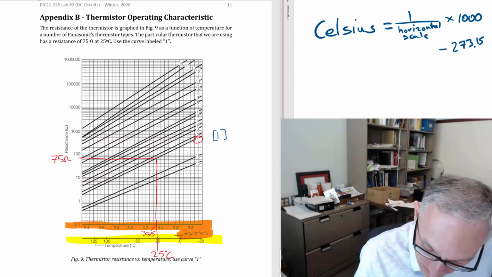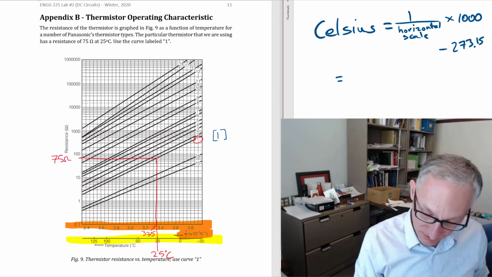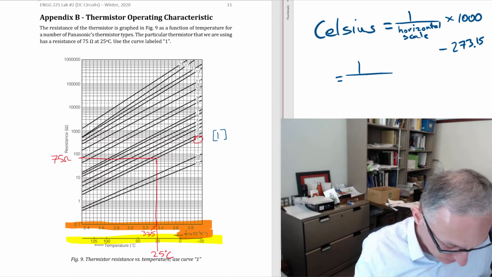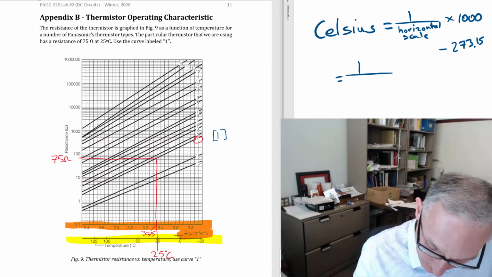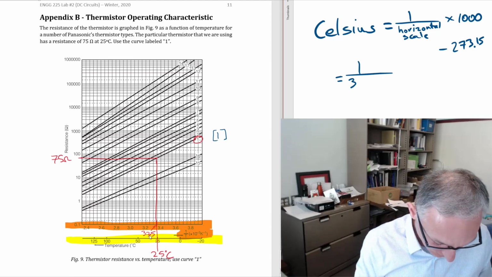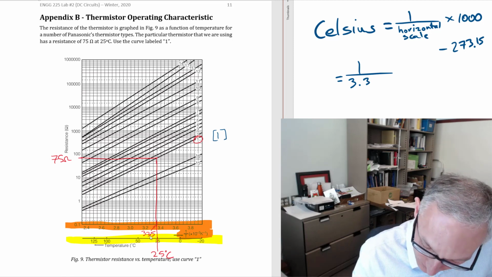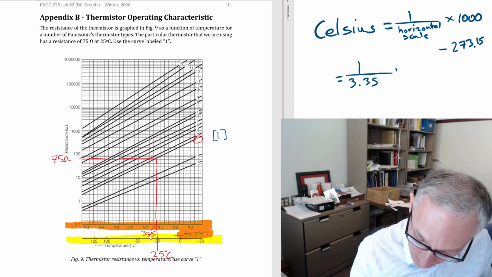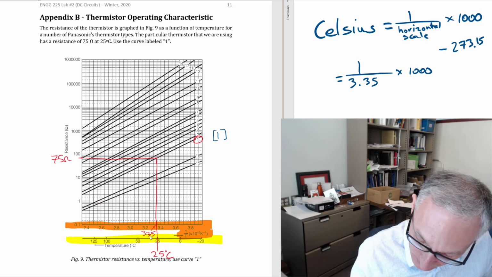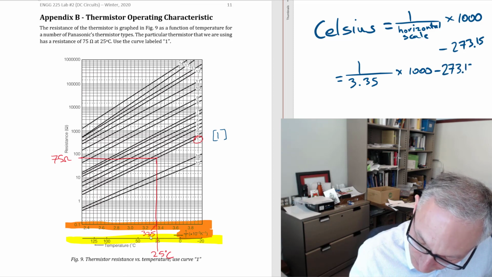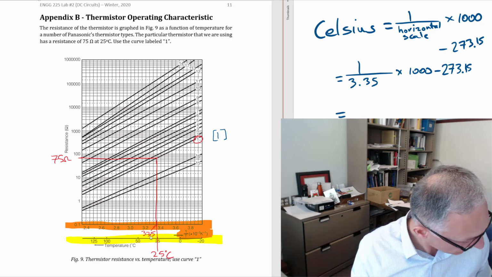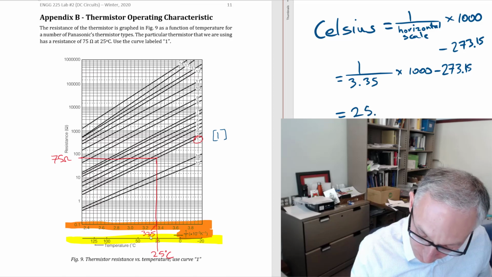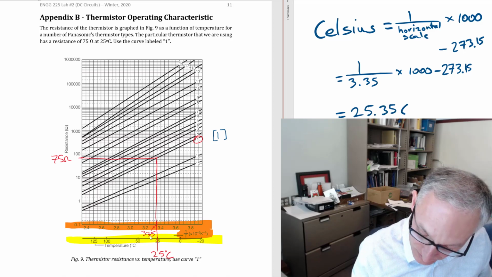Let's calculate what we have here, pretending we've measured 75 ohms. The number that we got when we dropped down is 3.35, so 1 over 3.35 times 1000, minus 273.15, and that works out to 25.35 Celsius.